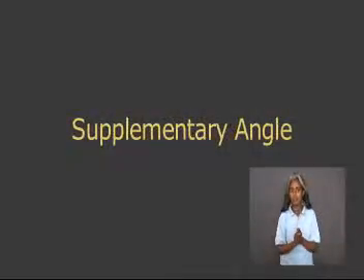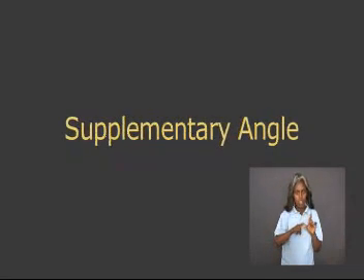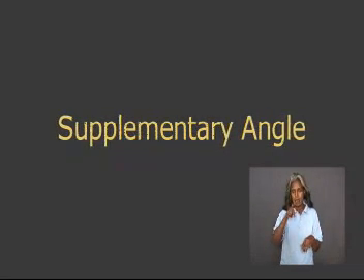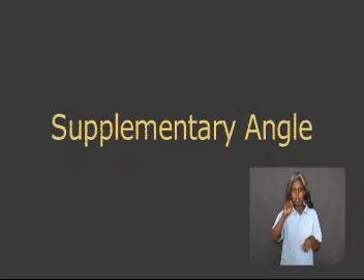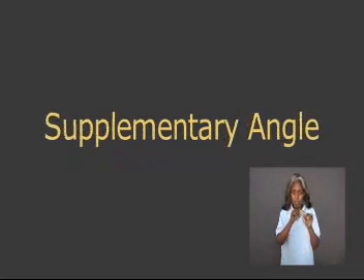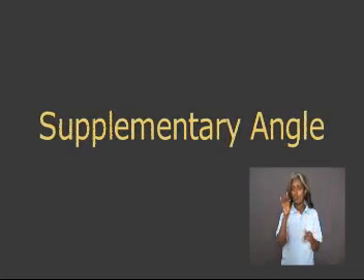Let us continue with one more definition before we conduct another activity. Two angles are said to be supplementary if the sum of their measures is equal to 180 degrees.